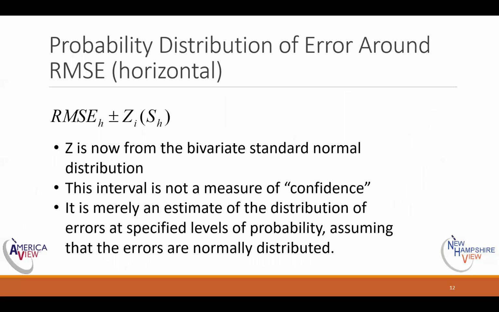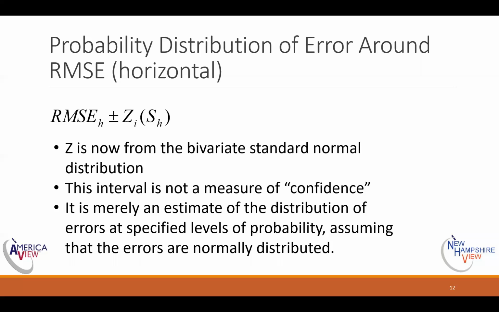And so again, the probability distribution of the error around RMSE in a horizontal direction is the same kind of thing. Z is now from the bivariate standard normal distribution. So not a single variable anymore, so it's not just a straight Z, it's the bivariate standard normal. That changes things a little bit. Again, it's not a measure of confidence, it's just an interval, just the same as vertical.